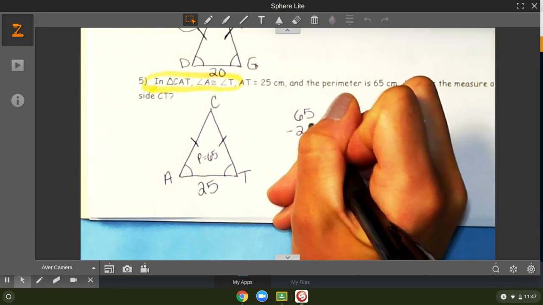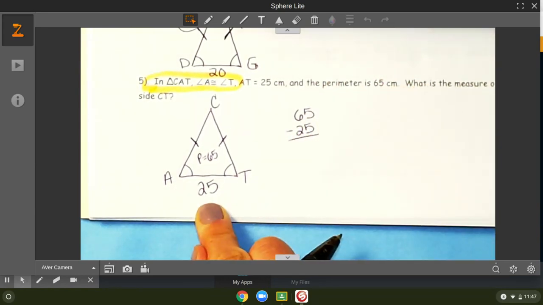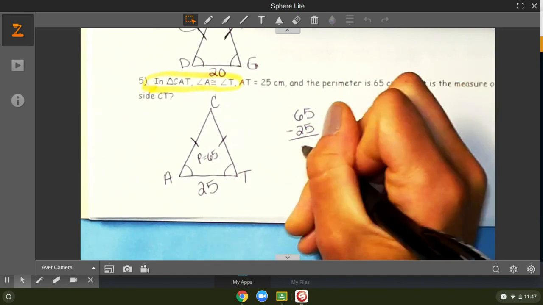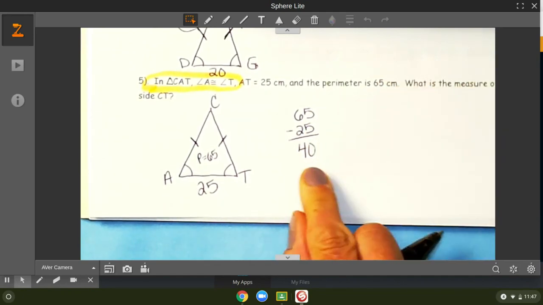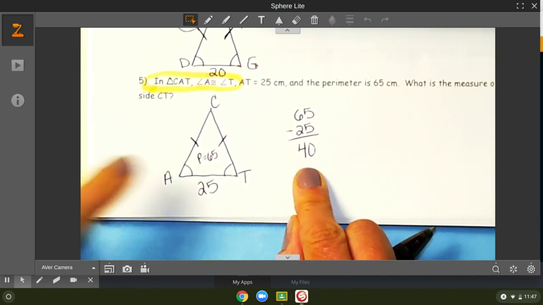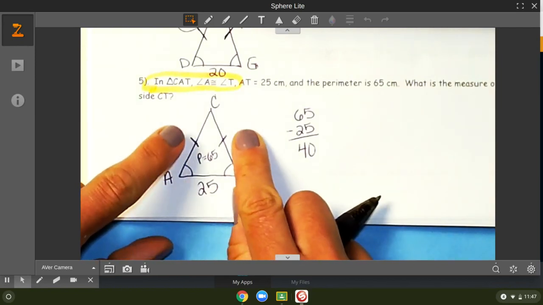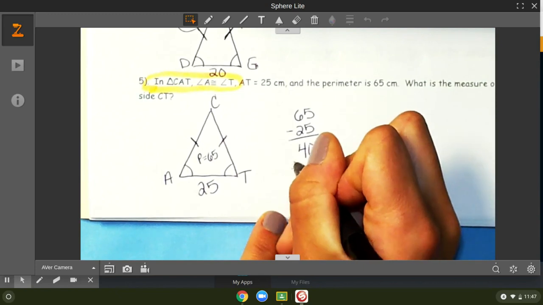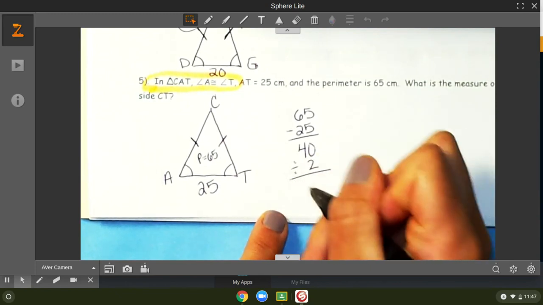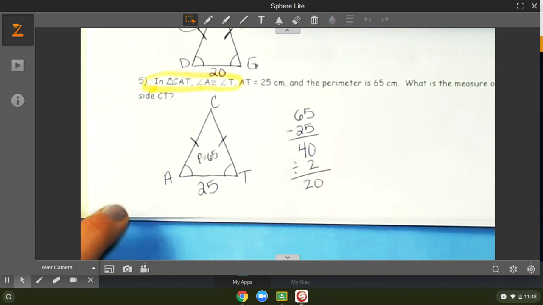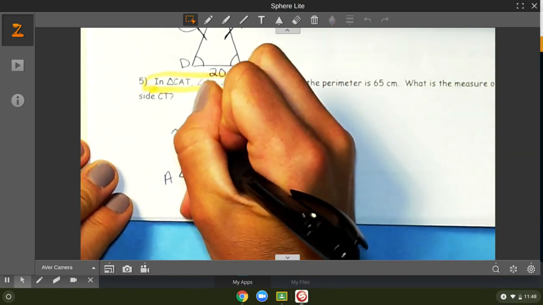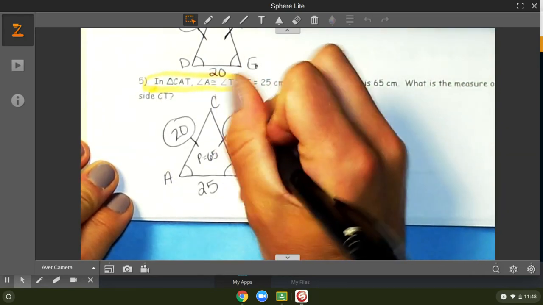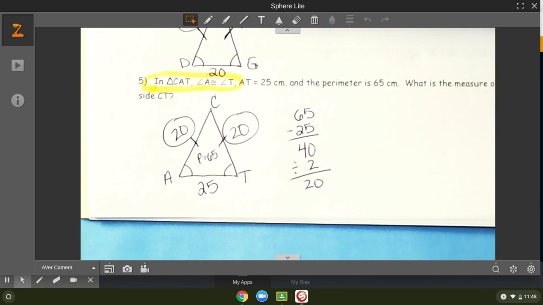We're going to subtract off the 25, the side that we already know. So if we subtract that off, that leaves 40. So we have 40 left over, but we have two sides that are missing, and those two sides have to be equal. So I'm going to divide the 40 by 2, and we're going to get 20. So each of those missing sides is 20 and 20, and that gives us side CT.